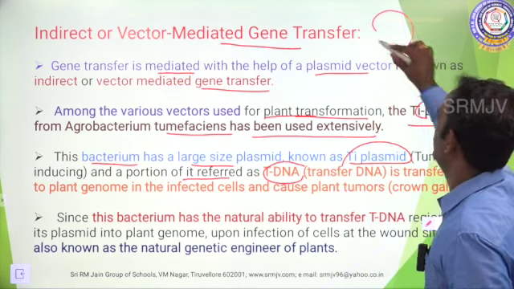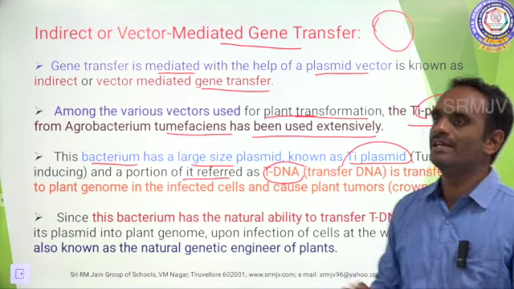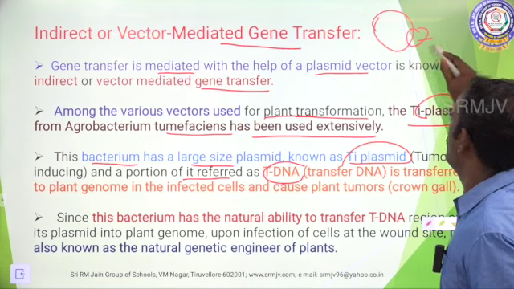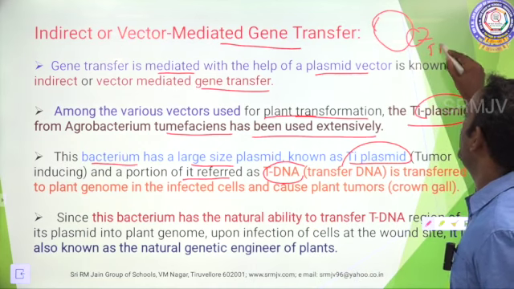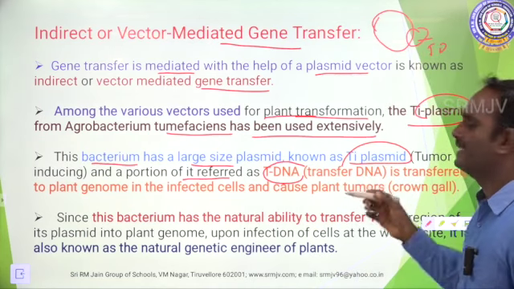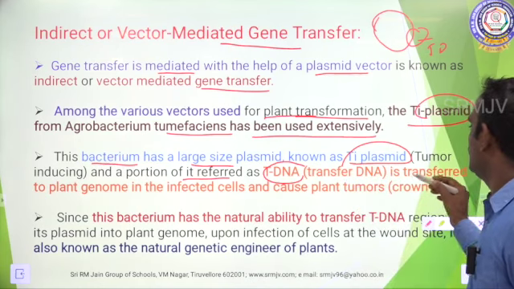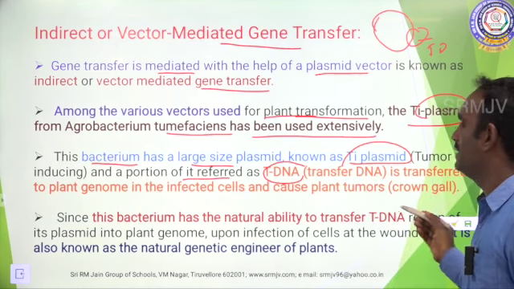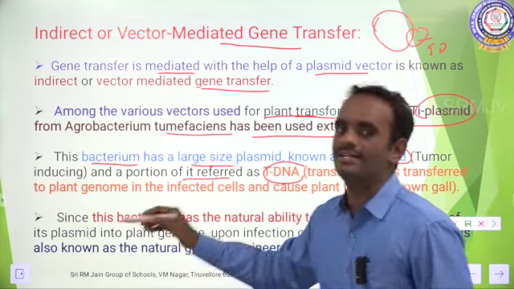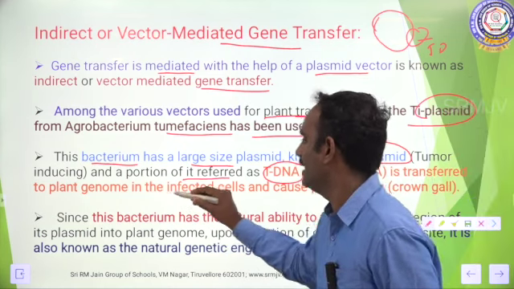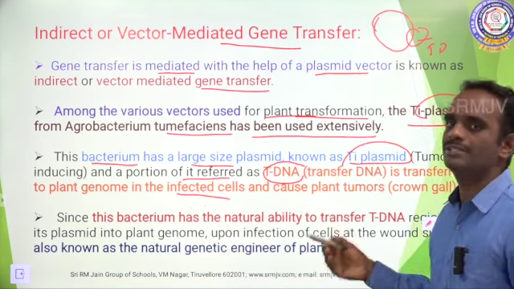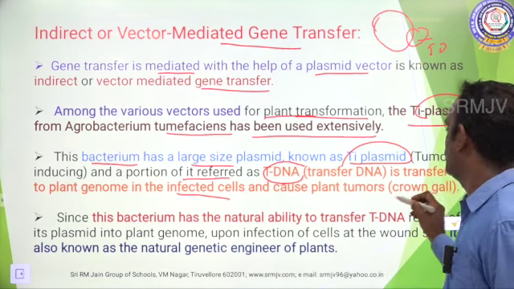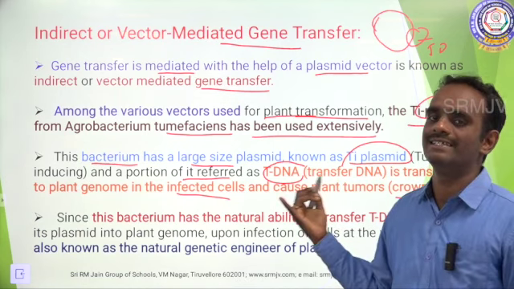See here, think that this is a Ti plasmid. A small portion of this Ti plasmid is called tDNA, transfer DNA. It is transferred to the plant genome in the infected cells and causes plant tumors, which is called crown gall disease.